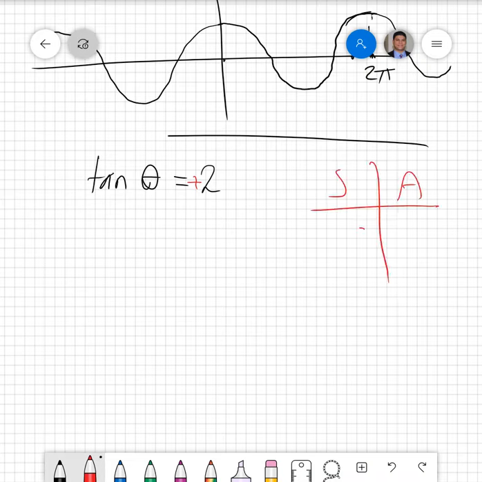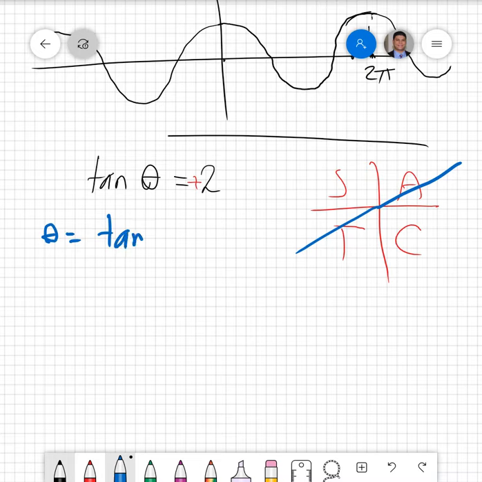All students take calculus, so tan is positive in quadrant 1 and quadrant 3. So here theta is equal to tan inverse of 2 and use calculator to find it. You will find it as 1.123.